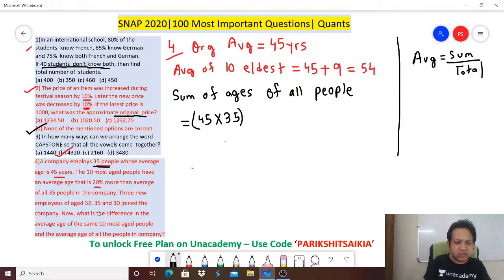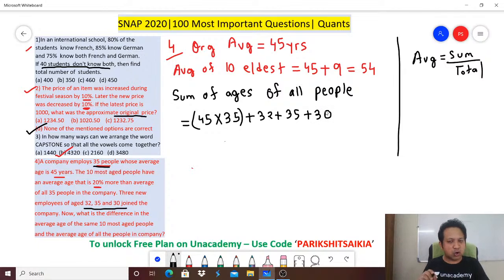Plus they say 3 new people are joining. Plus 32 plus 35 plus 30. So what is the sum? Can you calculate this? 45 into 35 plus 32 plus 35 plus 30 comes out to be 1672.